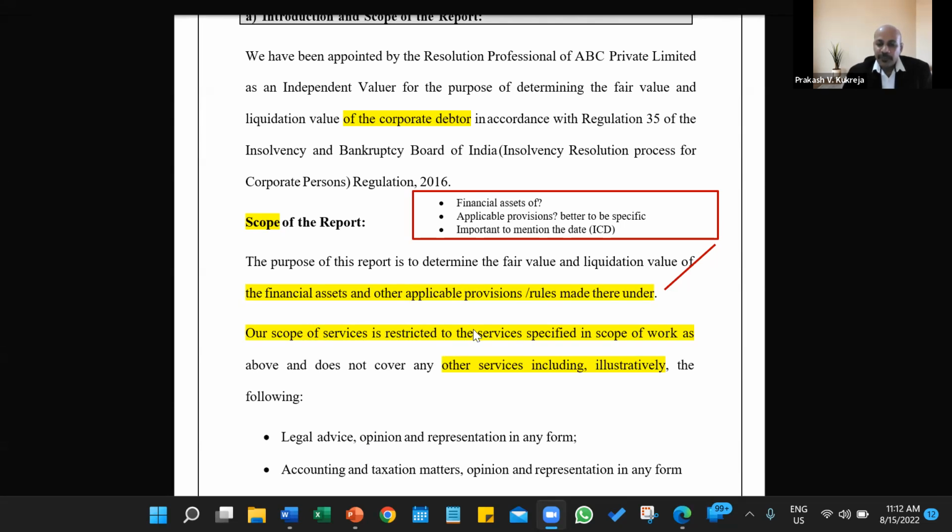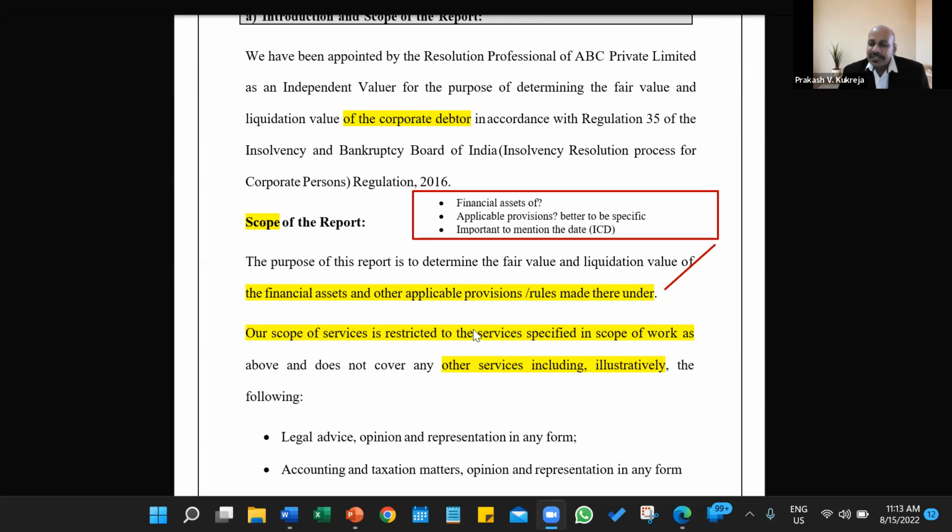Now, applicable provisions, rules made thereunder. I think it's very important here to give some perspective about, apart from Regulation 35, there are some specific aspects which are mentioned in the IBC code. Though I'll not get into much detail about that, it helps the reader to get exactly what the RV is trying to say as far as the scope is concerned.